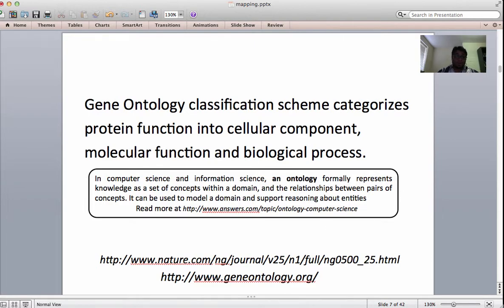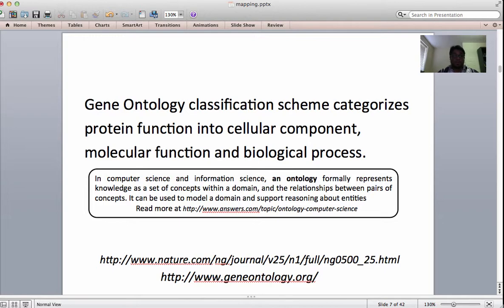An ontology represents the knowledge of a set of concepts within a domain. For example, if you are a computer scientist, your domain is computer science: programming, database development, or web development. All these terms, knowledge, and concepts come into the single domain of computer science.